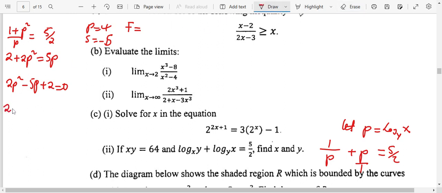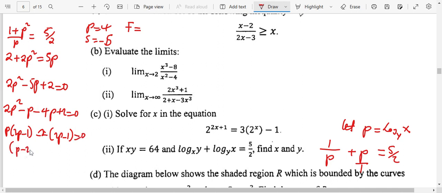So we are going to have 2p squared minus p minus 4p plus 2 is equal to 0. Meaning we are going to have p open brackets 2p minus 1, and then negative 2 open brackets 2p minus 1 is equal to 0. So we're going to have p minus 2, 2p minus 1 is equal to 0, meaning that p is equal to 2 or p is equal to 1 over 2.